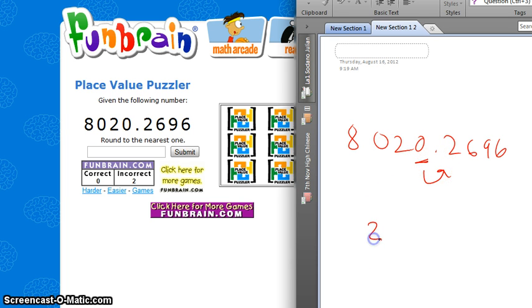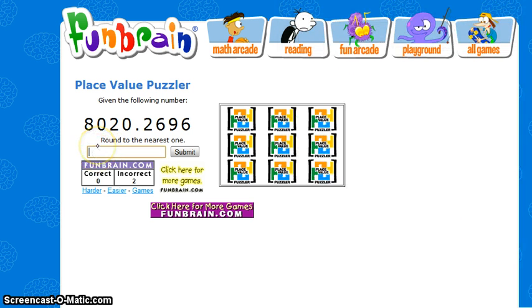In this case, we got 2, and 2 is lower than 5. So 2 keeps the 0 at 0 and turns itself and all the numbers to the right of it into 0. Meaning that this number would be 8,020.0 if you rounded to the nearest 1.